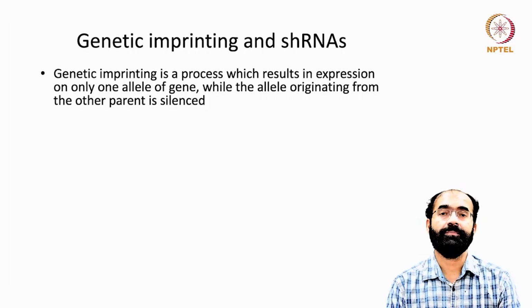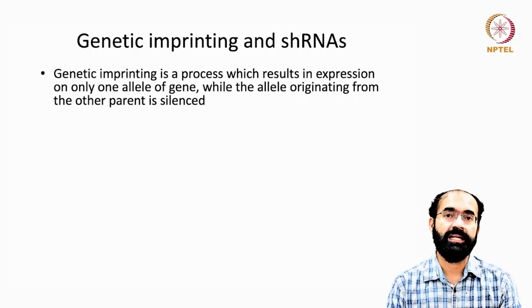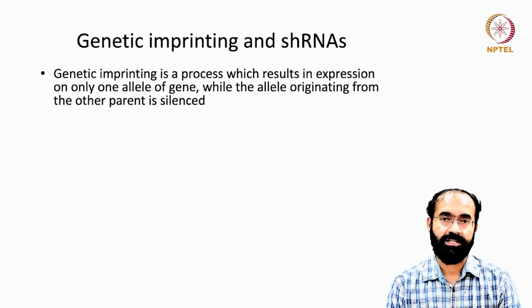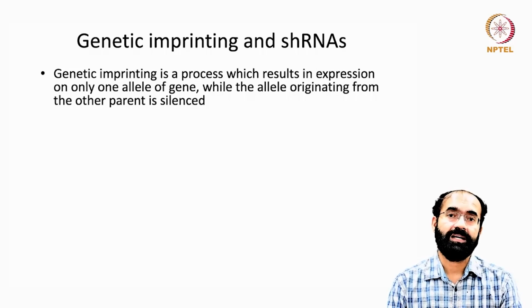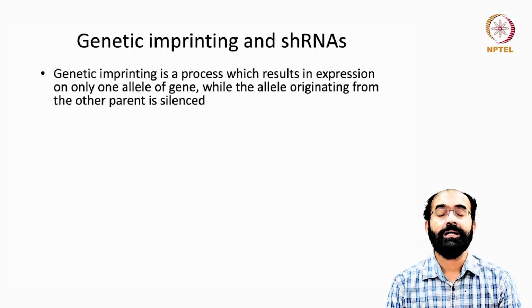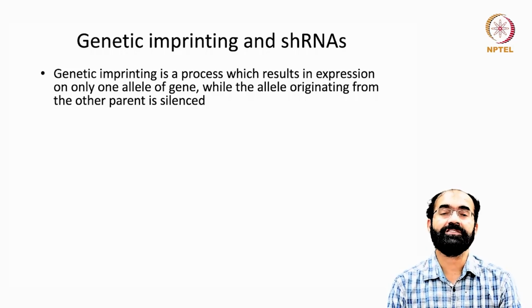So we call them the paternal copy and maternal copy. These are alleles. For many genes, the copy that came from father will be allowed to express, and for many genes, the copy that came from mother will be allowed to express. In some cases, both the copies are expressed, and we call that biallelic gene expression. When only one is allowed to express, that is called monoallelic gene expression.